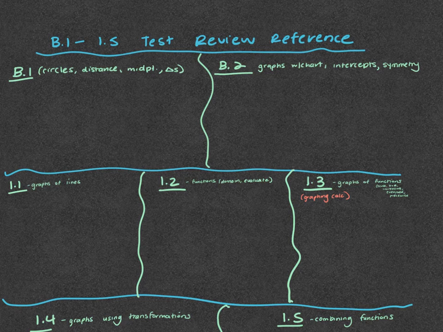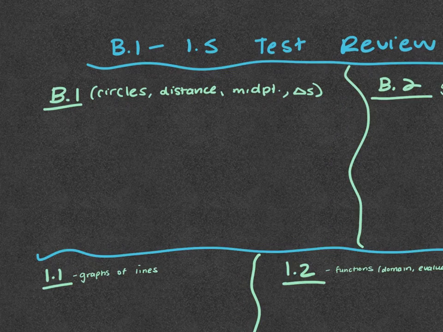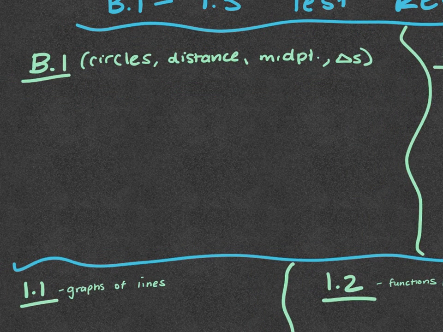All right, so I'm going to start with B1. B1 was circles, distance, and midpoint, okay? So we started with a couple of formulas here. The midpoint, which is (x1 plus x2) over 2, (y1 plus y2) over 2.